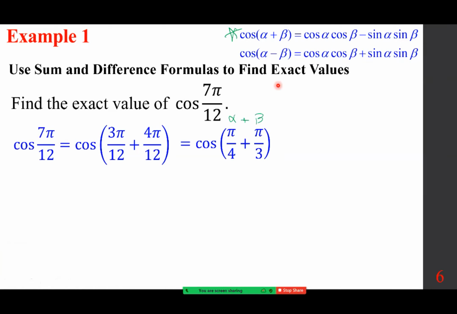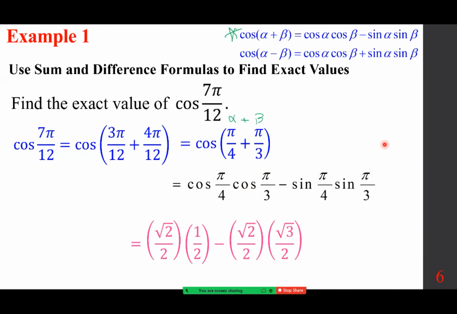So cosine of alpha means cosine of pi over 4, cosine of beta means cosine of pi over 3, minus sine of alpha, sine of pi over 4, sine of beta, sine of pi over 3. And we know cosine of pi over 4 and sine of pi over 4 are both square root of 2 over 2. Cosine of pi over 3 is 1/2. Sine of pi over 3 is square root of 3 over 2.